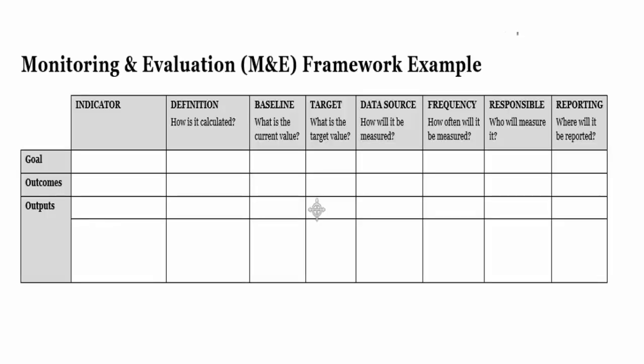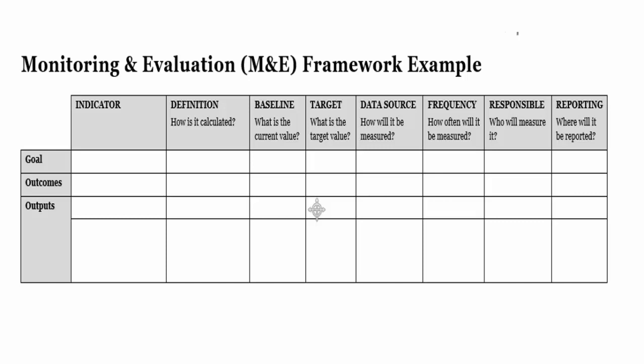And for those of you who've not seen this before, this is just one example of how a framework looks. So you've got the indicators, the definitions, baseline, target, data source, frequency, and so on and so forth. These are the sections that really make you know that this is a framework.